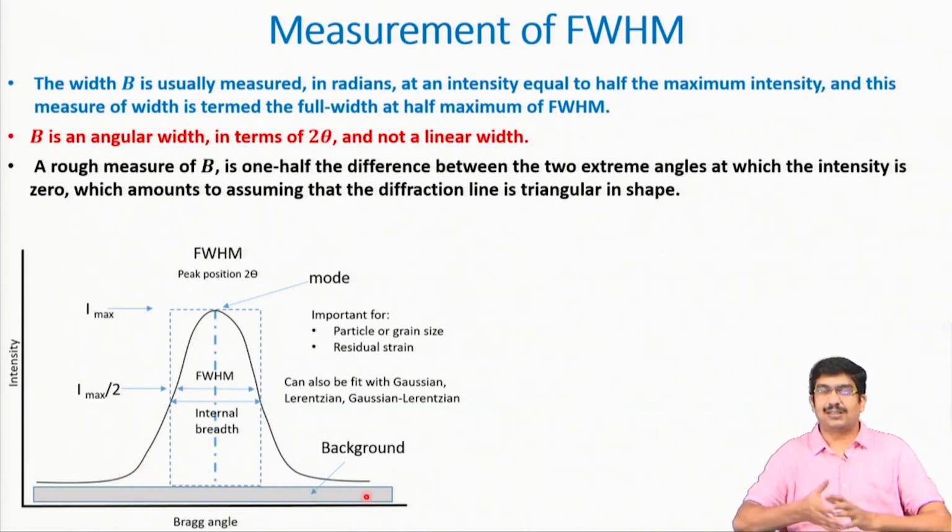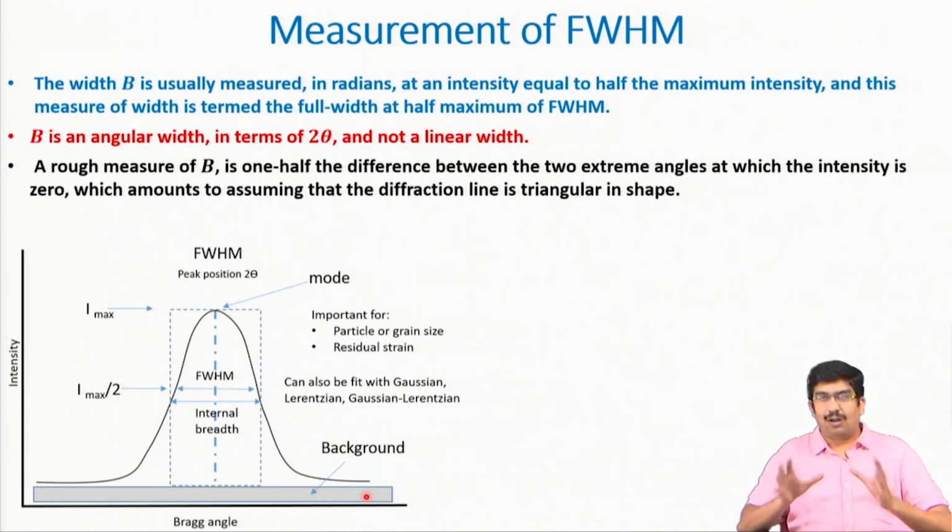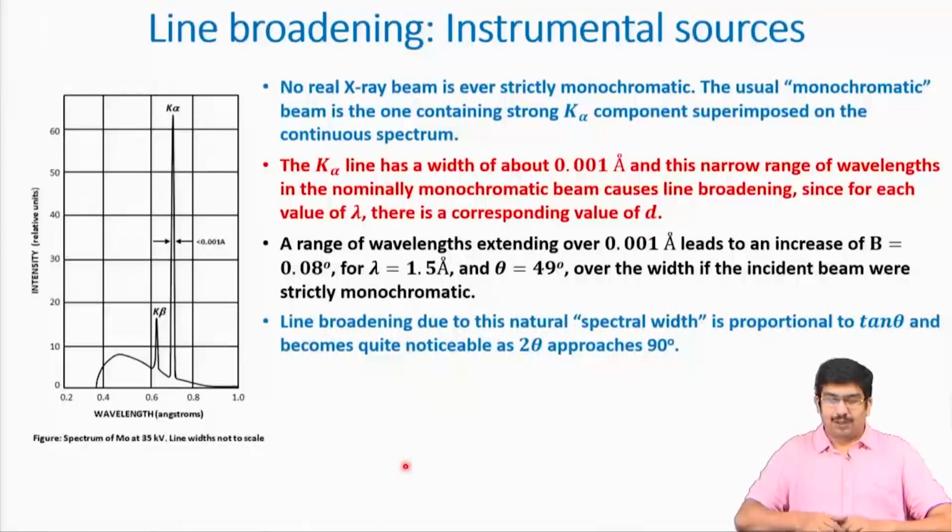This process, as I said, is called peak fitting. Many times it is called XRD LPA, X-ray diffraction line profile analysis, or Rietveld refinement, and various other names are available. But all of them try to understand what causes this broadening. So, that is the importance of peak broadening.